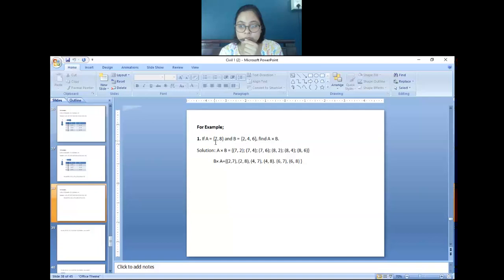So I will choose the element 7 from the set A and I will combine this 7 to the other elements of B. So I will write 7, 2, 7, 4 and 7, 6.